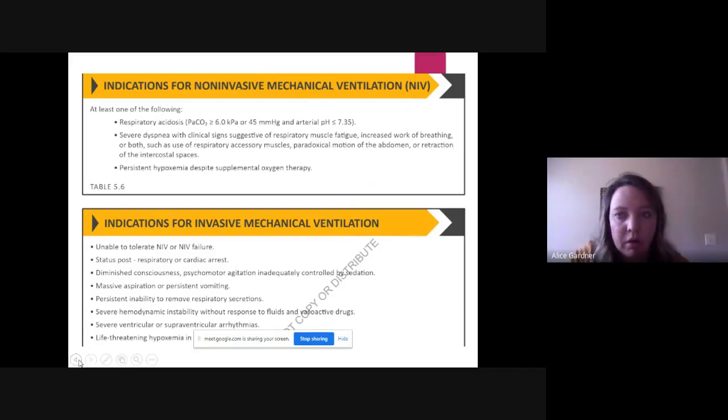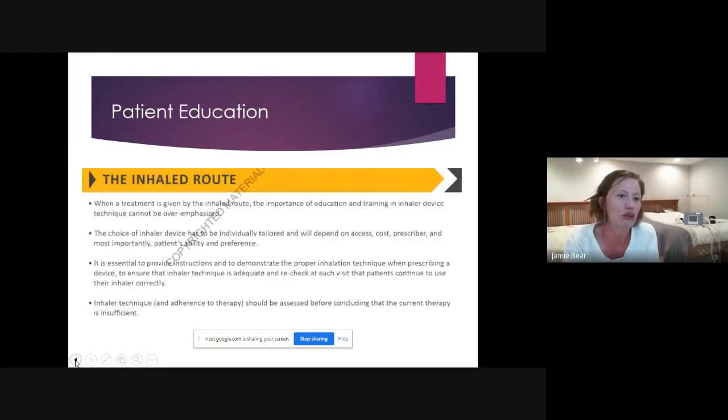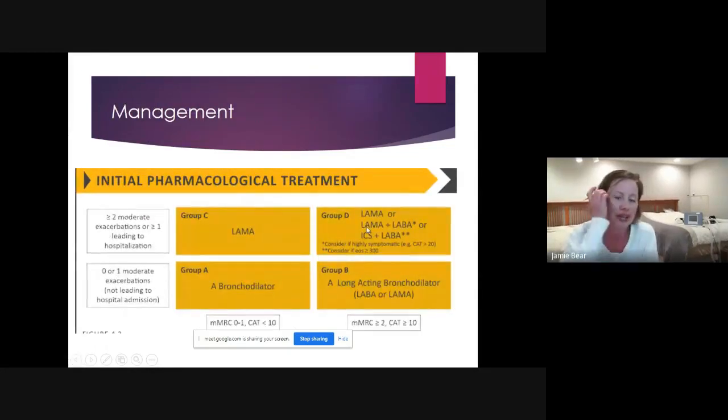Let's go back. So in general, it's close. So over here, these are a little bit different because they're looking more at symptoms and exacerbations. So that's why it's A, B, C, and D. So in general, ICS is now considered more last resort.